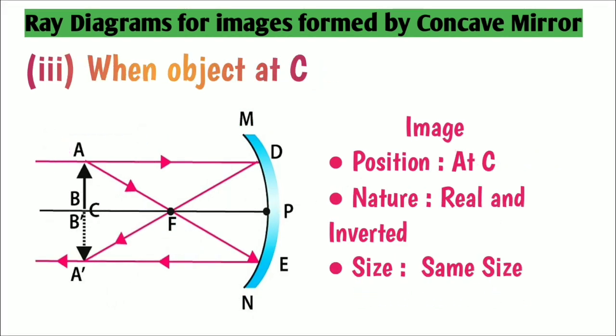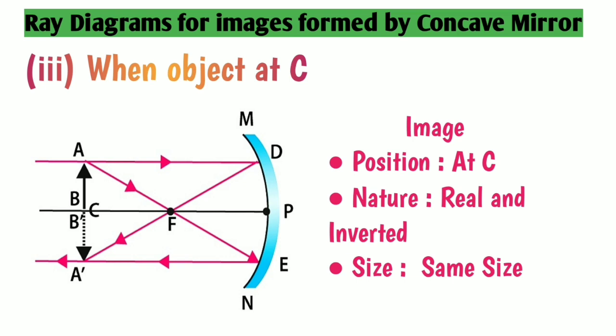Now case number 3, that is, the object is placed at the center of curvature. Same method: one ray which is parallel to the principal axis passes through the focus point, and another ray which passes through the focus point is reflected parallel to the principal axis, as mentioned in the rules for formation of images.